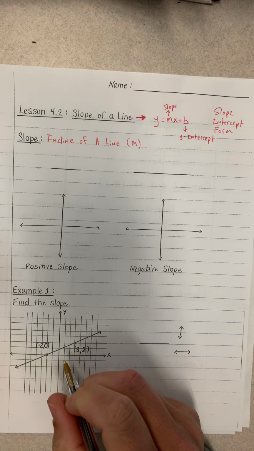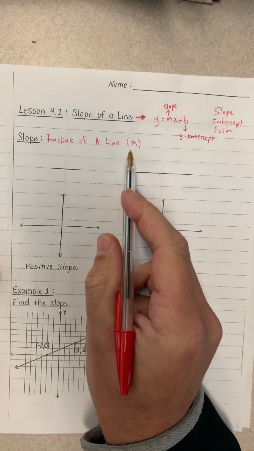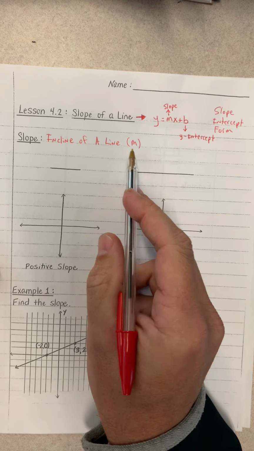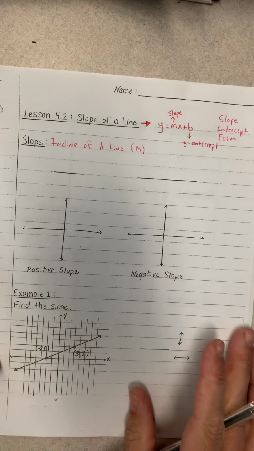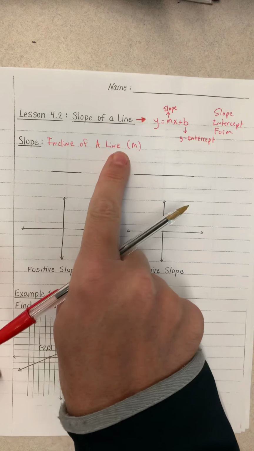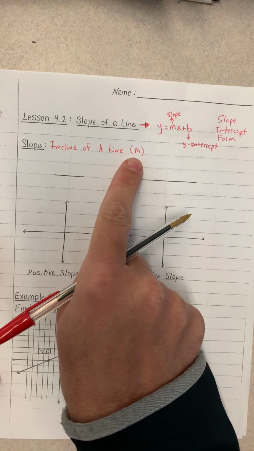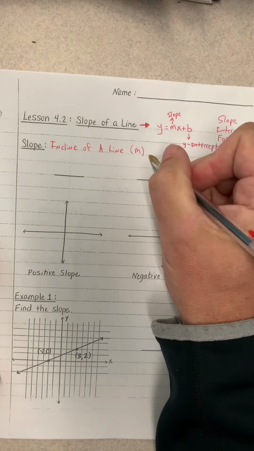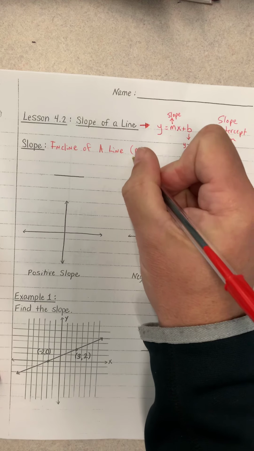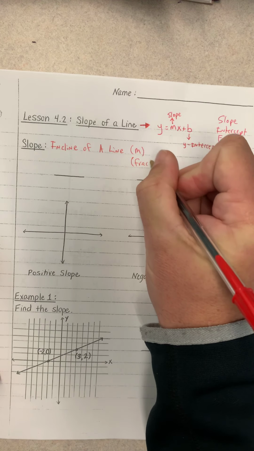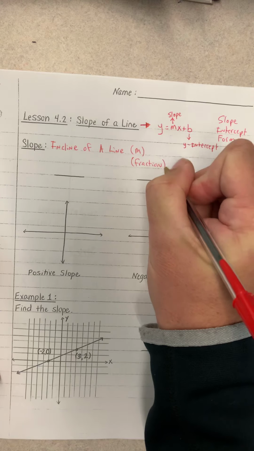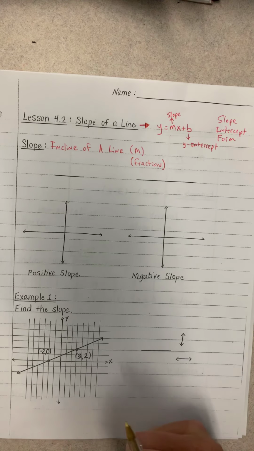And this slope, this rise over run, change in y over change in x, this incline of line is measured by m. It's the slope, how fast up or down it goes, and all of the time when you're writing this, we're going to want to write it as a fraction.